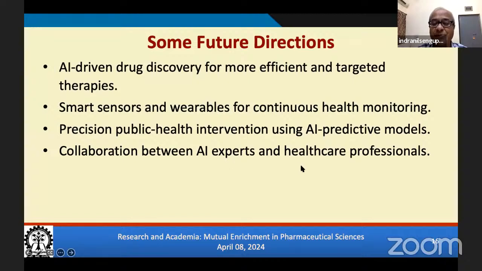Collaboration between AI experts and healthcare professionals. There has to be a very strong tie-up between these two. Otherwise, this will not succeed. You see, at IIT Kharagpur, we have a School of Medical Science and Technology. There, we have a master's program where MBBS doctors come to study.